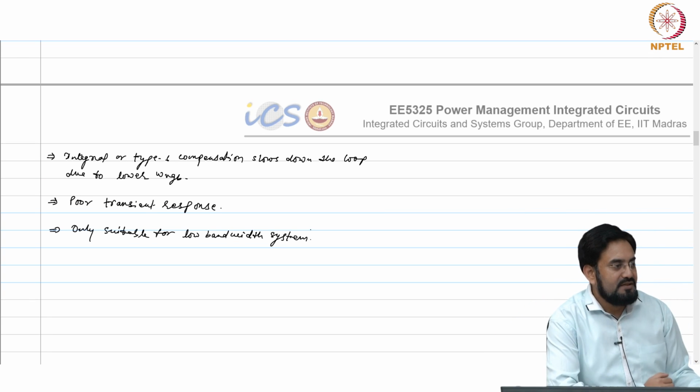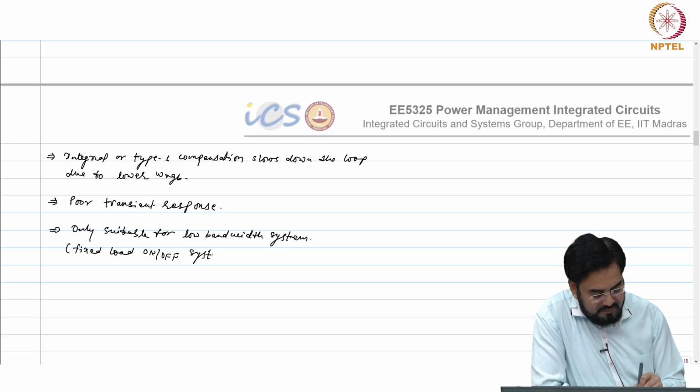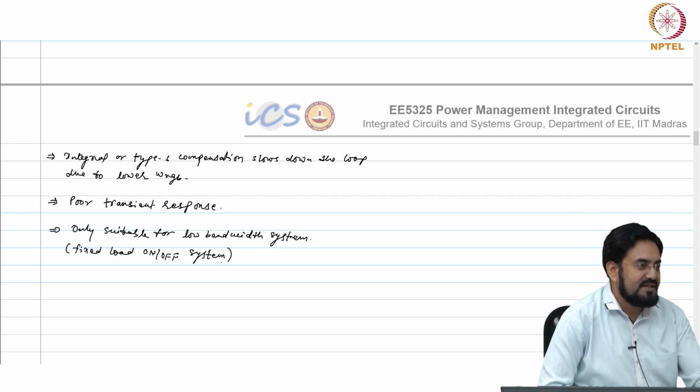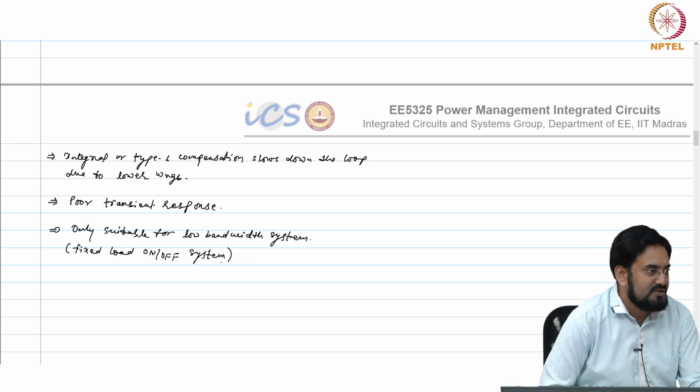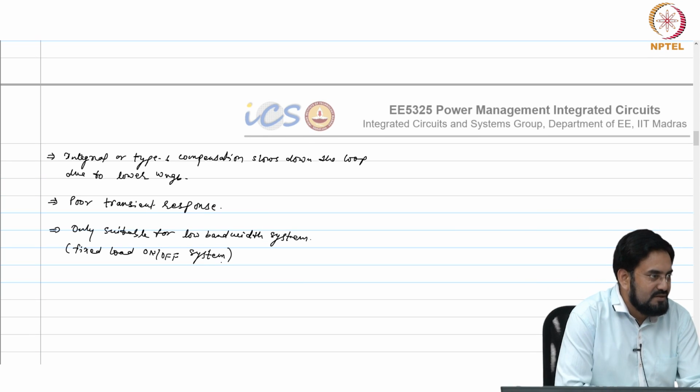Which is only fixed load. Your example could be, let us say, battery charger. So you are simply charging the battery, but you are not supplying any load, and battery is usually charged with a fixed current.